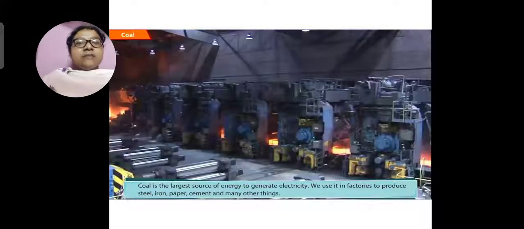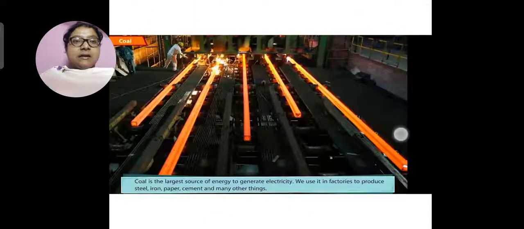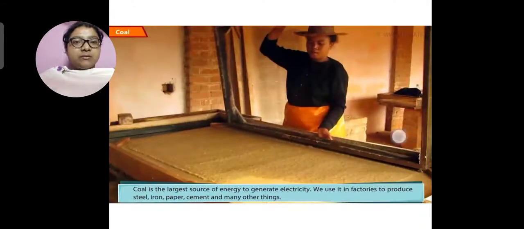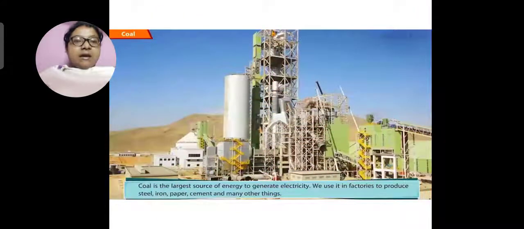Coal is also a large source of energy to generate electricity. With the help of coal we produce electricity, and that has been used to make different products like steel, iron, paper, the cement industry, and many other industries.